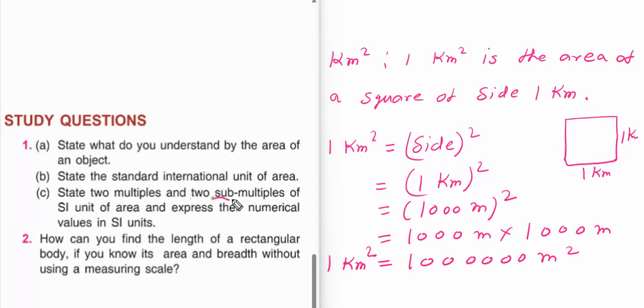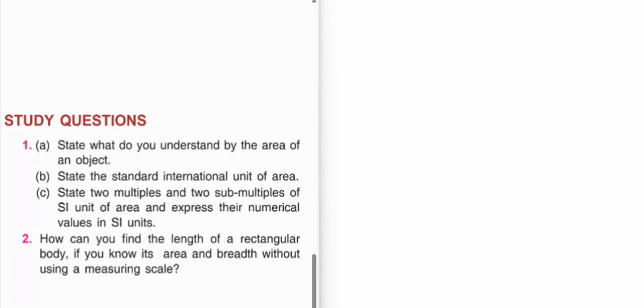Beta ji, you have just studied the coin. The area of a coin is represented in millimeter square and the area of a banyan leaf is represented in centimeter square.